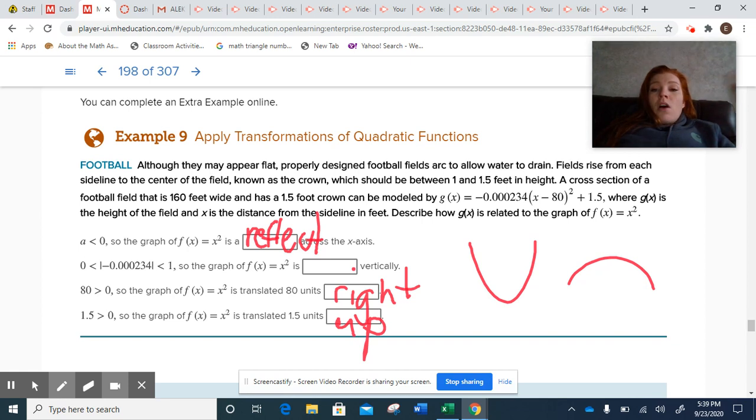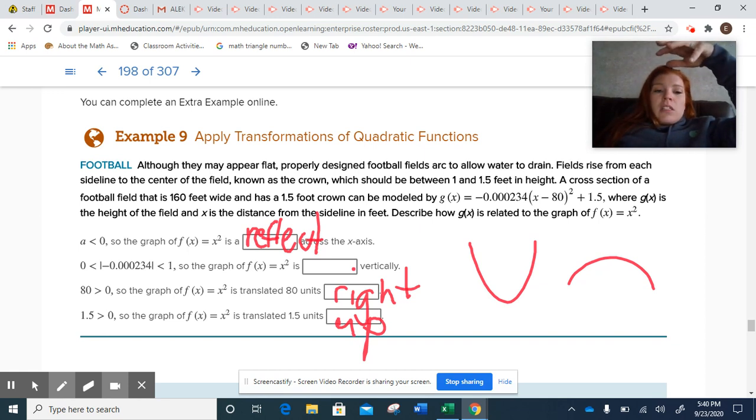Also, because our number, 0.00234, is a number that's between 0 and 1, I know that technically I'm going to flatten out everything. Remember, if it's a vertical stretch, it would be a number that's bigger than 1 and it would get really skinny.